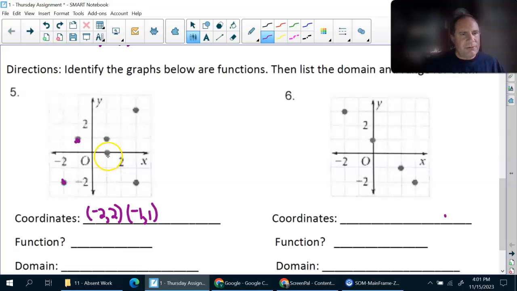We're going to go to 1, 0. We're going to go to 1, 1. That's that. And then we're going to go right 3, down 2. And then right 3, up 3.